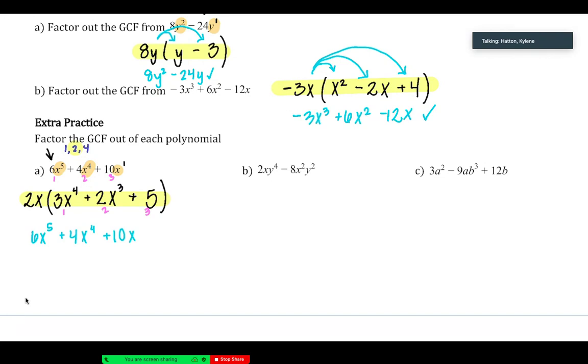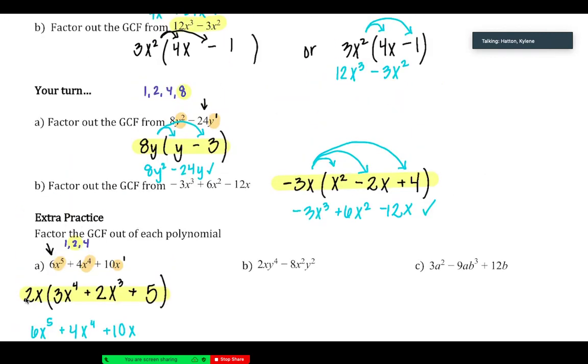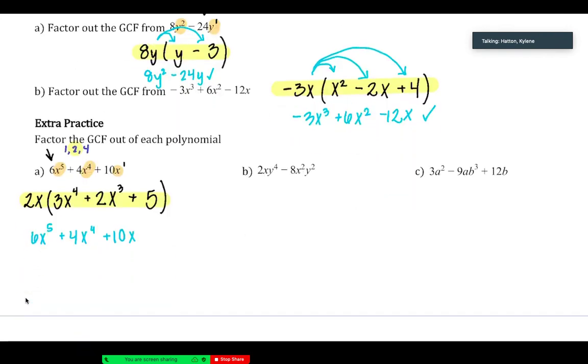Same thing up here. I had 1, 2, 3, and then 1, 2, 3 left over in the parentheses. And up above, I started with 2 and I finished with 2 inside the parentheses as well. All that's happening is we're dividing part of each term out, but we're still left with the same amount.